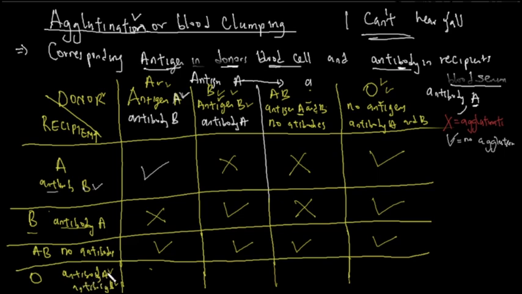So antibody A will fight blood group A, and once it's fighting, it means agglutination. Remember, corresponding antibody and antigen means agglutination. Do you understand? It means that agglutination will occur.